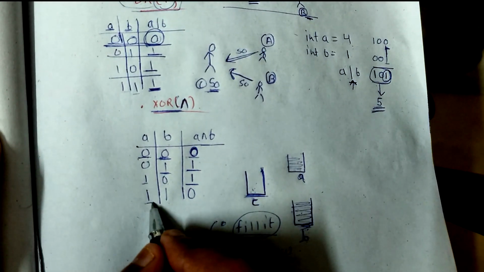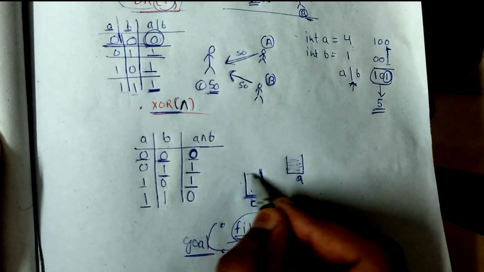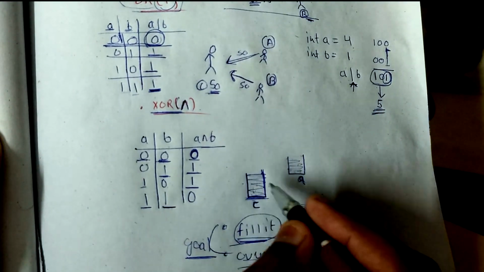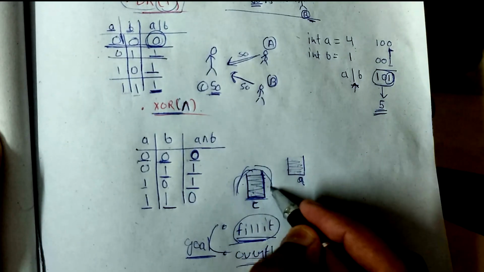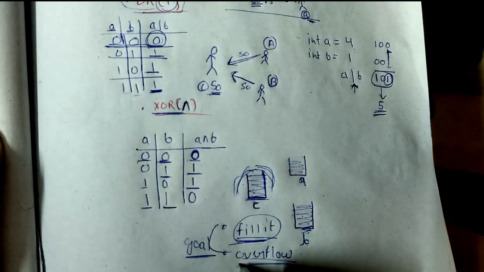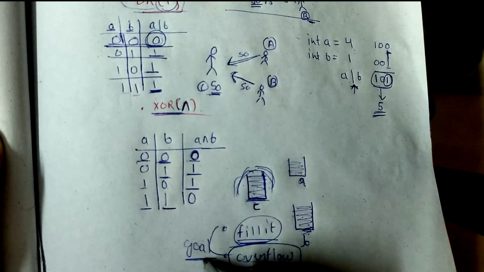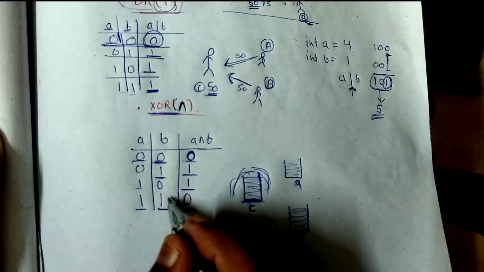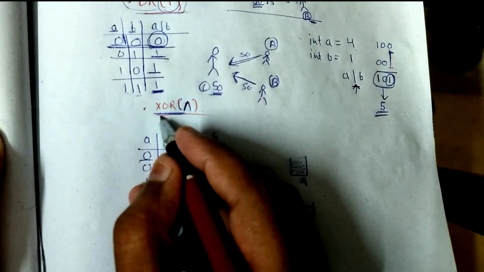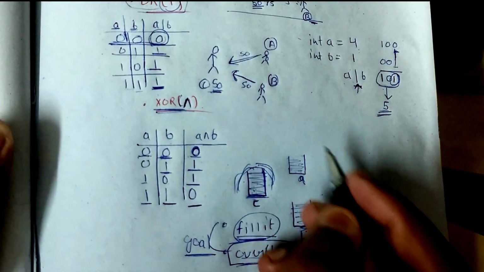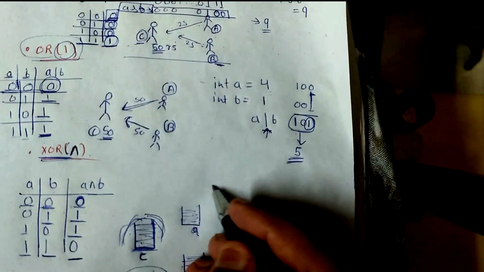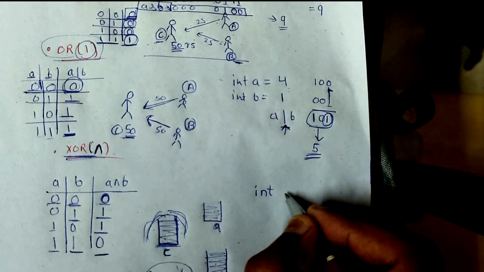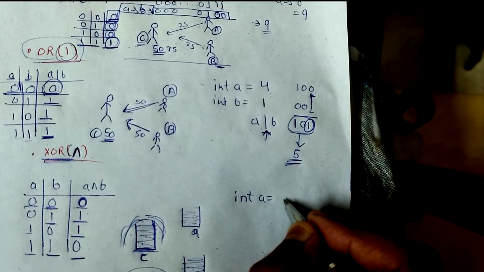But if you pour the water of A into C and then you pour the water of B into C, then the bucket will overflow. So if the bucket overflows, our goal is not achieved. That's why we put a 0 here. So in such scenarios, we can think of it as using an XOR maybe, or some other scenario. It depends.